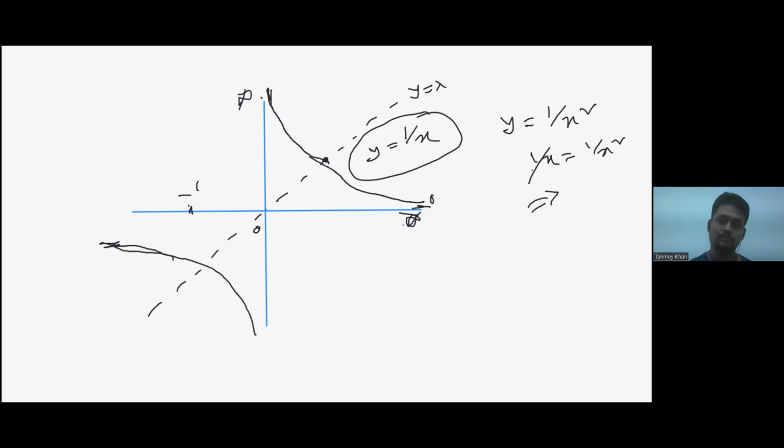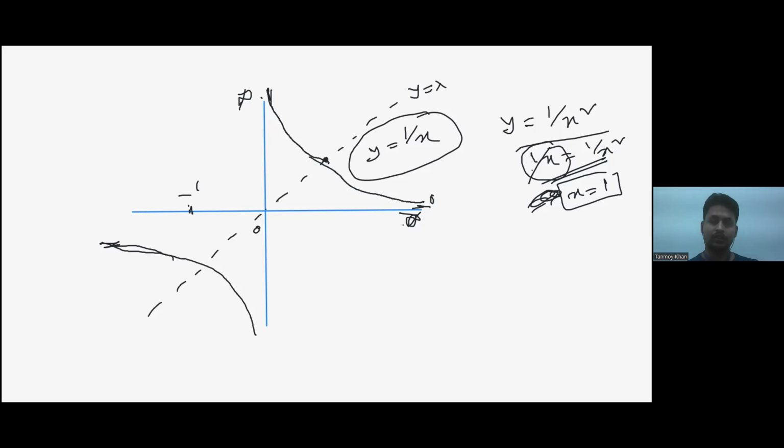What y will you get? Just see by that. If we compare it to 1 by x, at what point will it touch 1 by x? If you do that, it will become x equals 1. So at x equals 1, this y equals 1 by x squared will intersect y equals 1 by x.